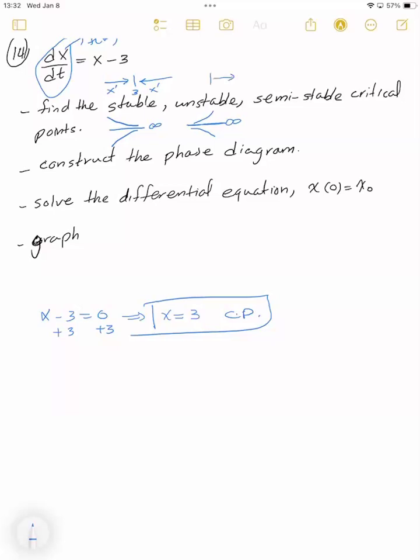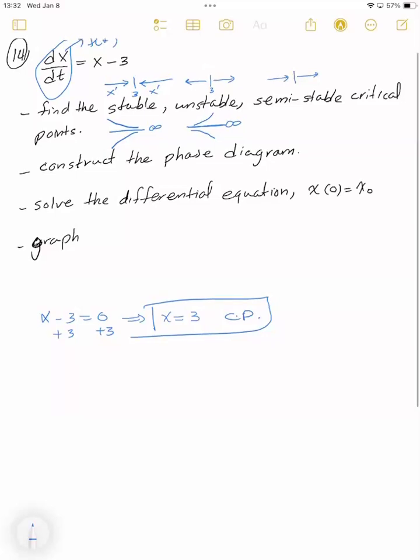This is what happens at the critical point. For semi-stable, this is what we get, or the other way. So this is the semi-stable. So we get something like this, okay?